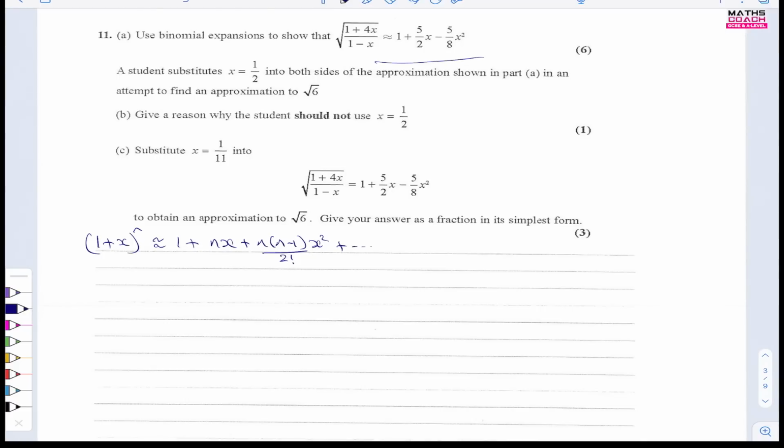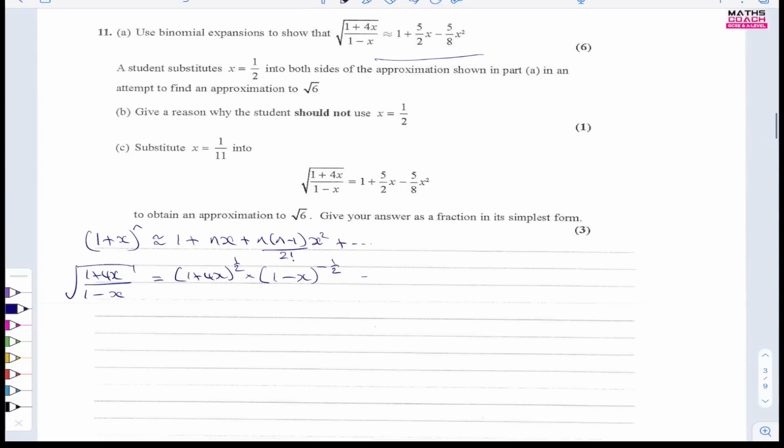So what we have is the root of 1 plus 4x over 1 minus x, which we can rewrite as bracket 1 plus 4x to the power of a half times by 1 minus x to the power of minus a half.